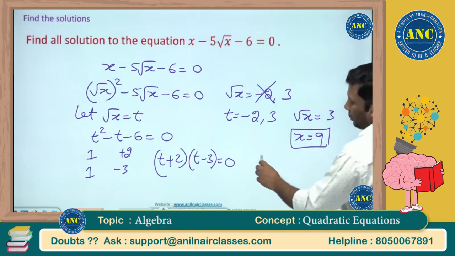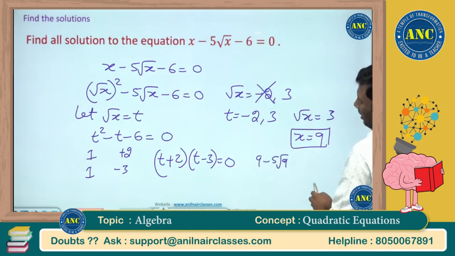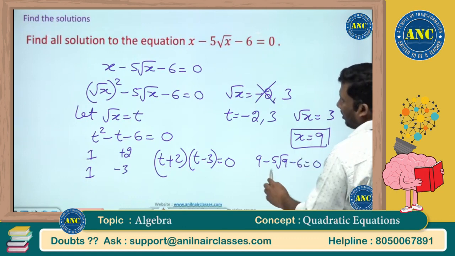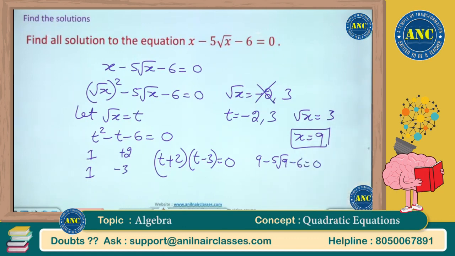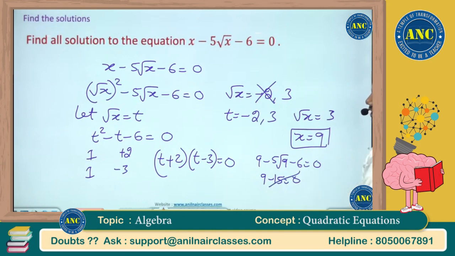If I substitute it, 9 minus 5 root 9 minus 6 equivalent to 0. Is it equivalent to 0? It is not equal. 9 minus 15, it is not equivalent to 0.